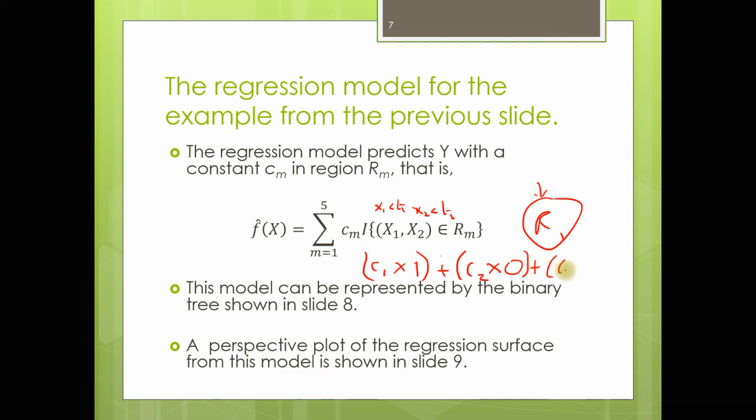Obviously, I think you would understand that C3 would be multiplied by 0 as well, plus C4 multiplied by 0, plus C5 multiplied by 0.